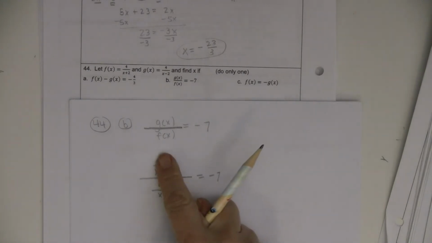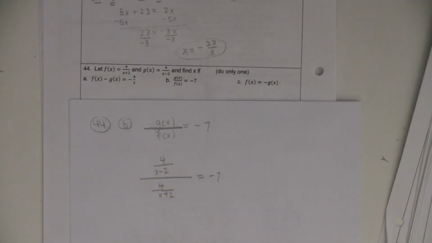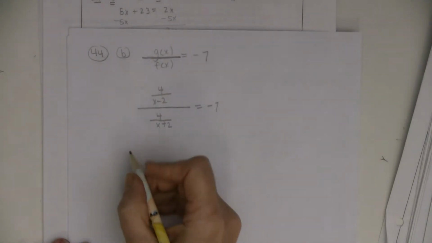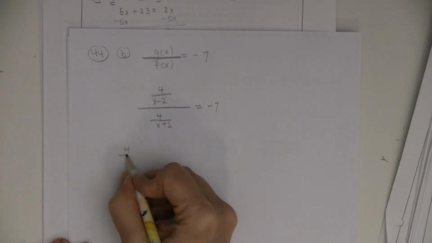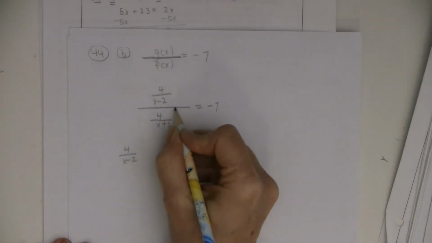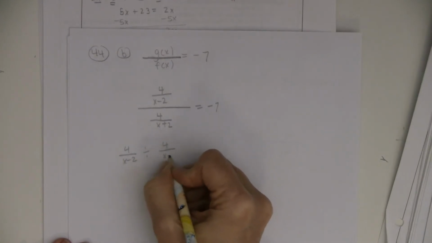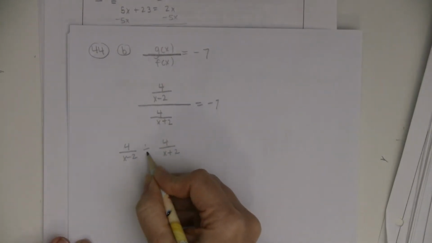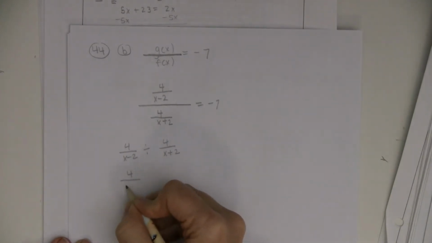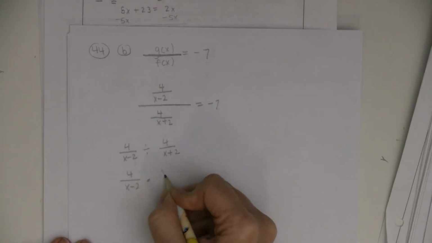And because this is one fraction over one fraction, what I'm going to think here on simplifying that side is that this is 4 over x minus 2, and then divided by 4 over x plus 2. And then I'm going to turn that into a multiply. People can do that in one step and flip it here.